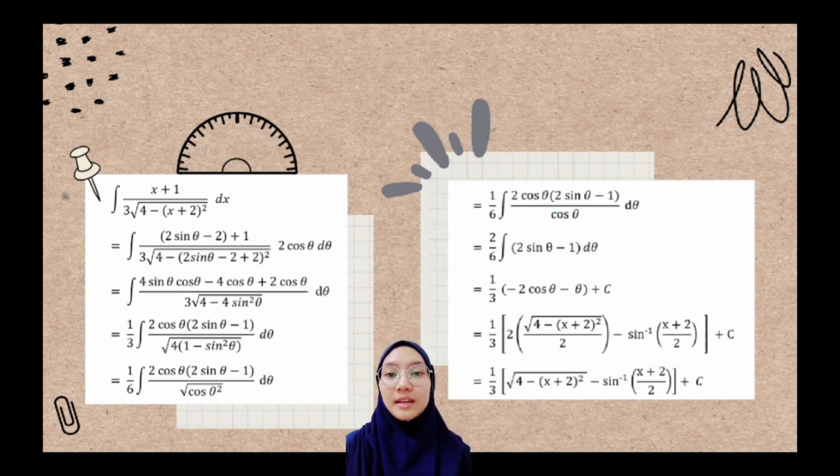Next, integrate sin theta, and the value becomes negative cos theta minus theta plus c. For the last step, substitute the values of cos theta and theta, which are obtained from the right triangle. Simplify the equation and get the final answer.